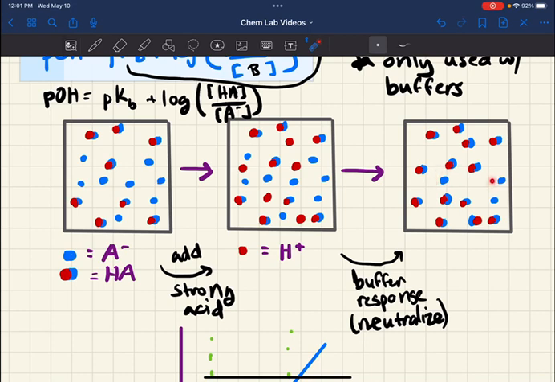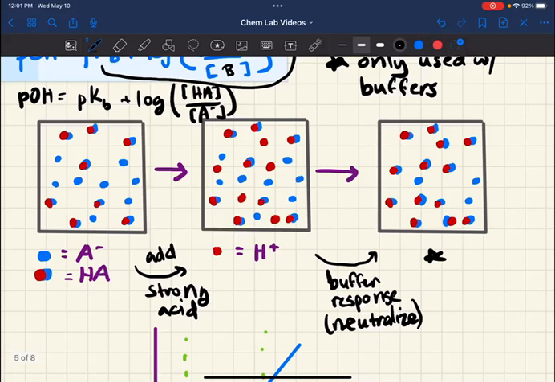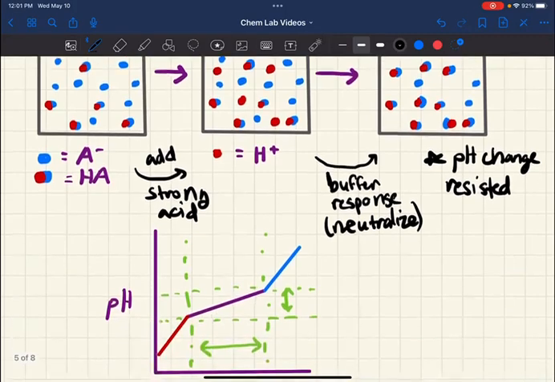And so now we have less conjugate base floating around in solution, but the overall impact on our pH is minimal. And that right there is the key important property for a buffer: pH change is resisted. It would have decreased slightly because now we have more HA relative to A minus, but it would not be a significant change, and that's extremely important for biological systems especially.